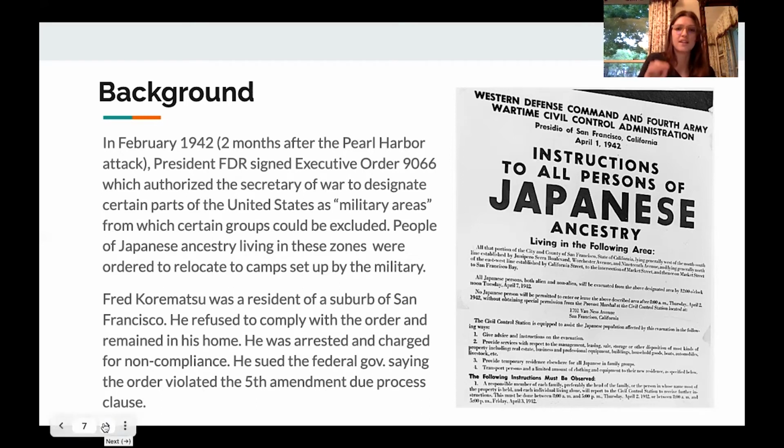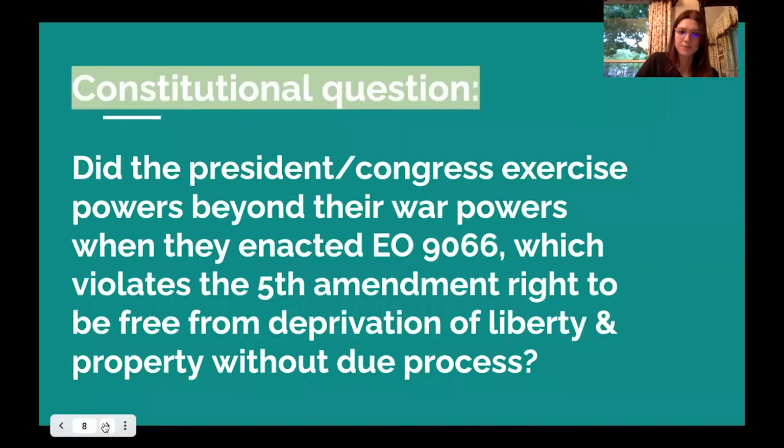So he sued the United States government, saying that the executive order violated his due process rights from the Fifth Amendment. So the constitutional question here is, basically, did Executive Order 9066 violate the Fifth Amendment, and did it go beyond the war powers of the executive?